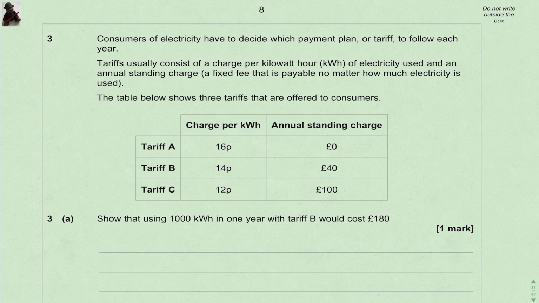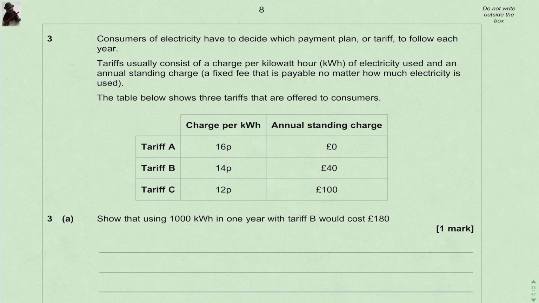Question 3. Consumers of electricity have to decide which payment plan or tariff to follow each year. Tariffs usually consist of a charge per kilowatt hour of electricity use and an annual standing charge, a fixed fee that is payable no matter how much electricity is used.